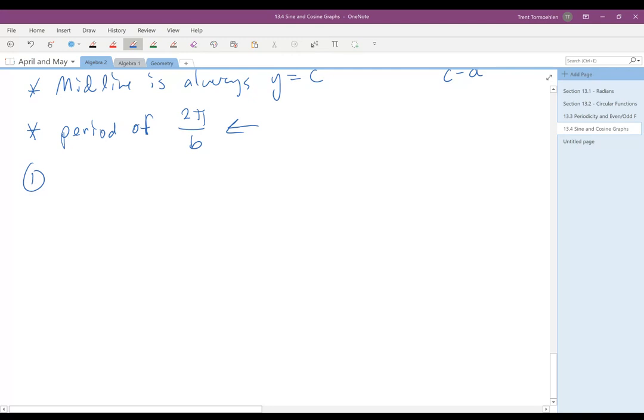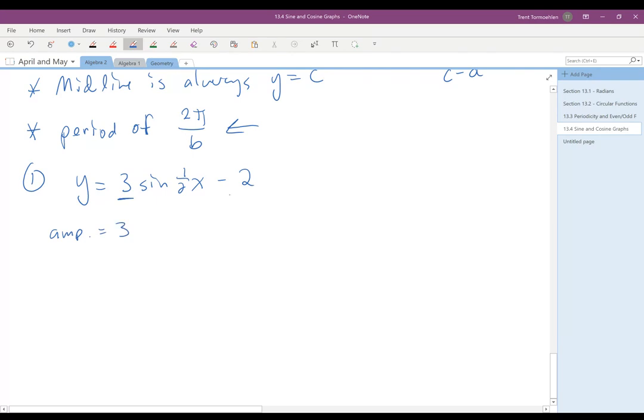And so, for example, I might have one like this. You get y equals 3 times sine of 1/2 x minus 2. So let's do the amplitude and the min and max first. Our amplitude is going to be 3. And so we know our amplitude is equal to 3.